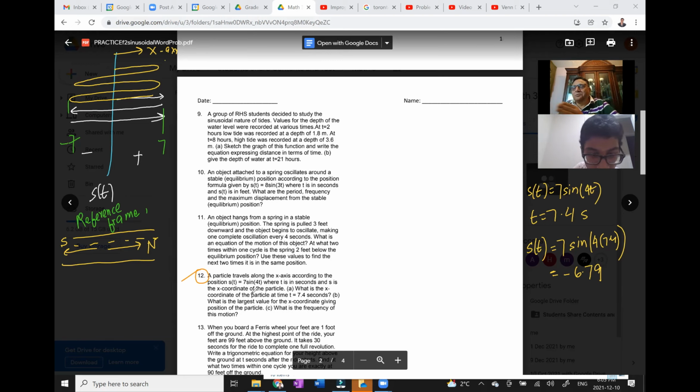Along the x-axis, it could be 1, 2, 3, 4, 5, 6, 7, or on the left side, minus 1, 2, minus 7. Now, what is the x-coordinate of the particle at t equals 7.4? We just plugged it in and found our value. And B, what is the largest value of the x-coordinate given the position of the particle? The largest value is 7.